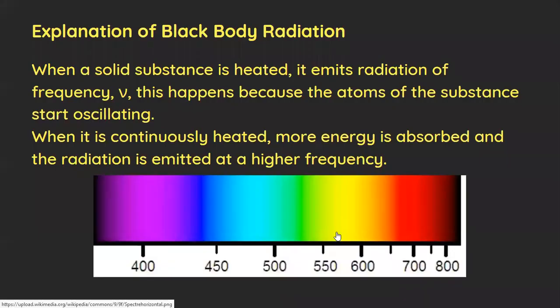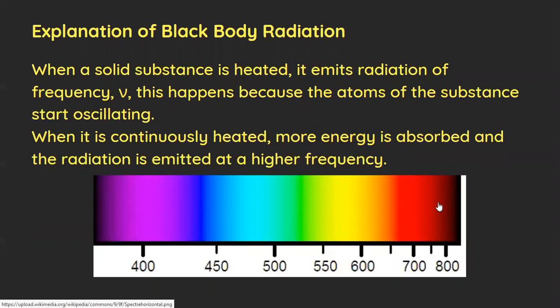So, the explanation of blackbody radiation. According to Planck's concept, when you have a solid substance and it heats, as we gave an example, we took the example of iron, and when it gets heated, it changes color. What happens is that when the frequency is increasing, the atoms start oscillating. When it's continuously heated, a lot of energy gets absorbed, and the radiation is emitted at a higher frequency.